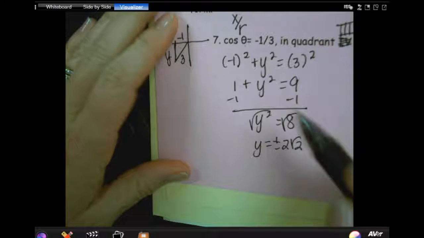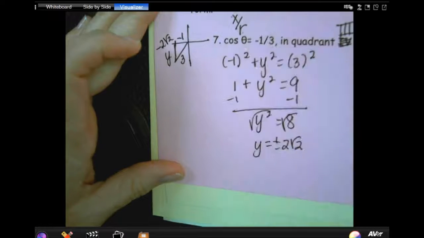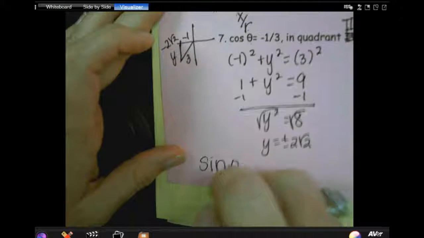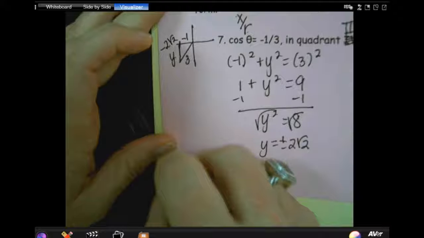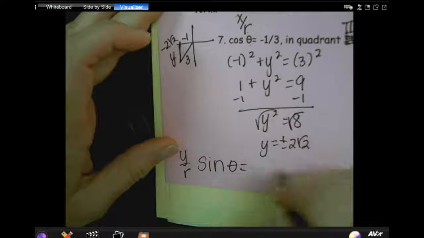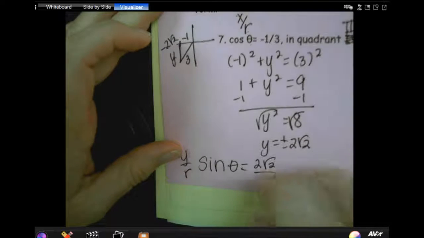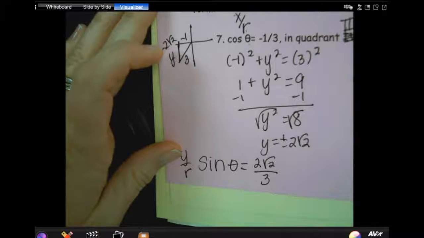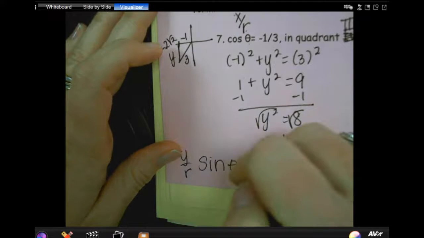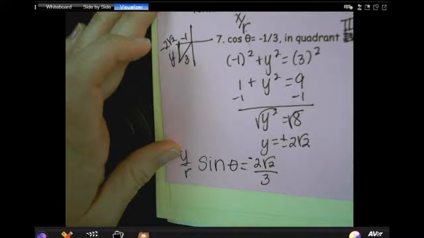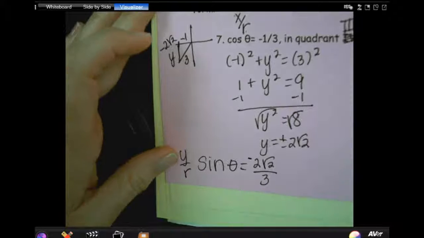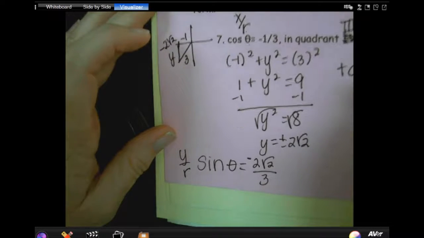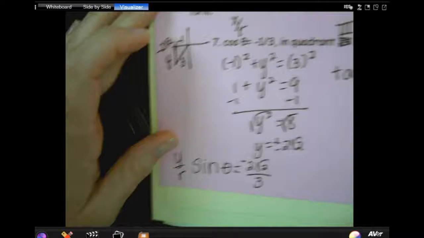Okay. So if cosine is x over r, then the first one that I can find now is the sine of theta, which is going to be y over r. It's going to be negative 2 square roots of 2 over 3. So the tangent of theta is going to be what?